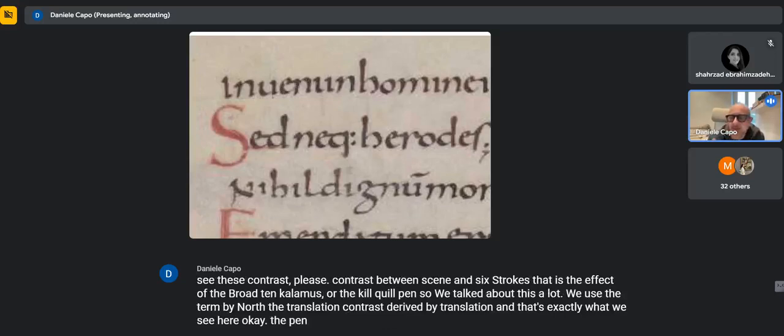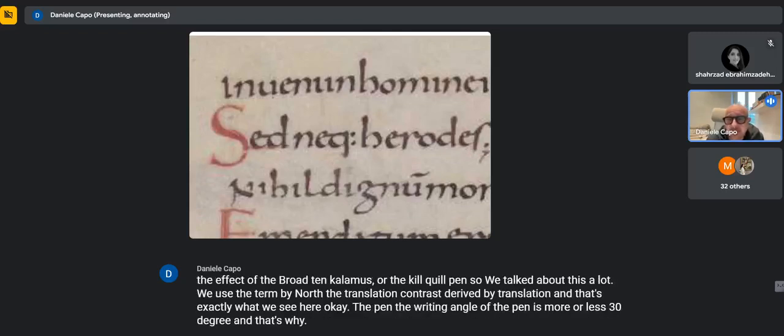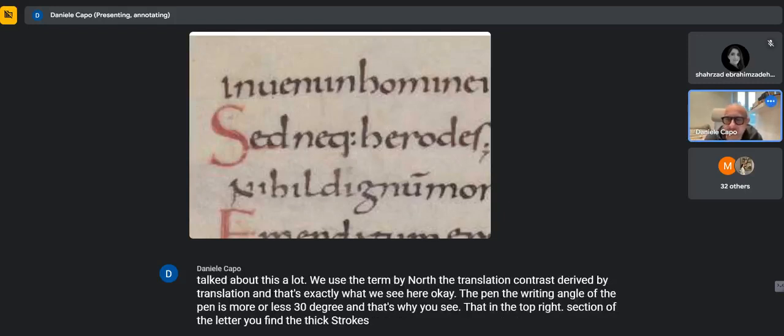The writing angle of the pen is more or less 30 degrees, and that's why in the top right section of the letter you find the thick strokes, while in the bottom right section you find thin strokes.